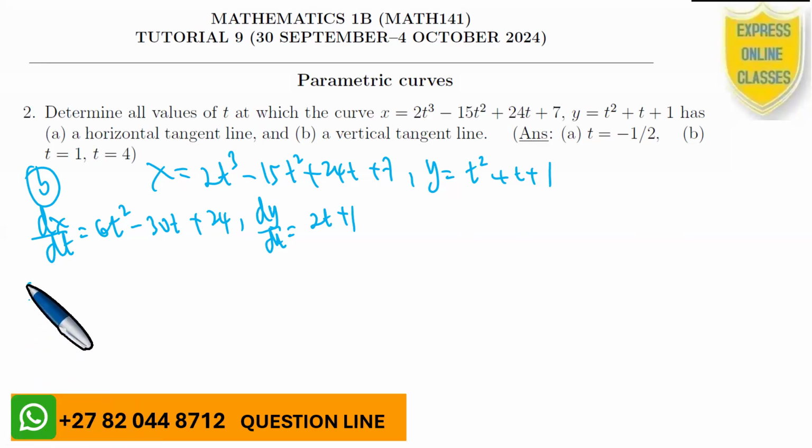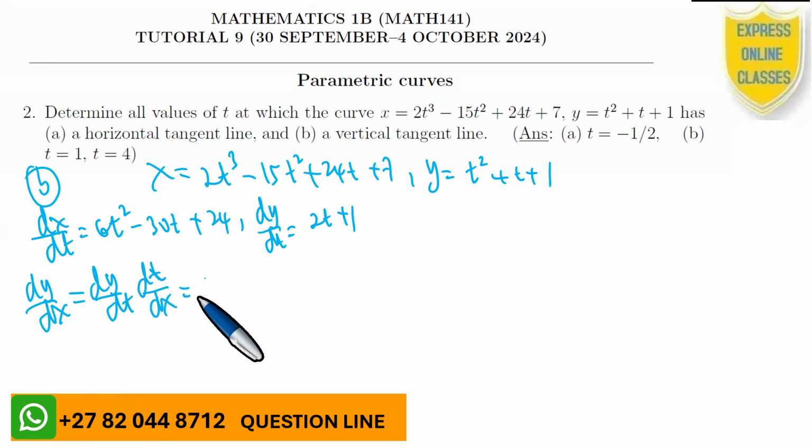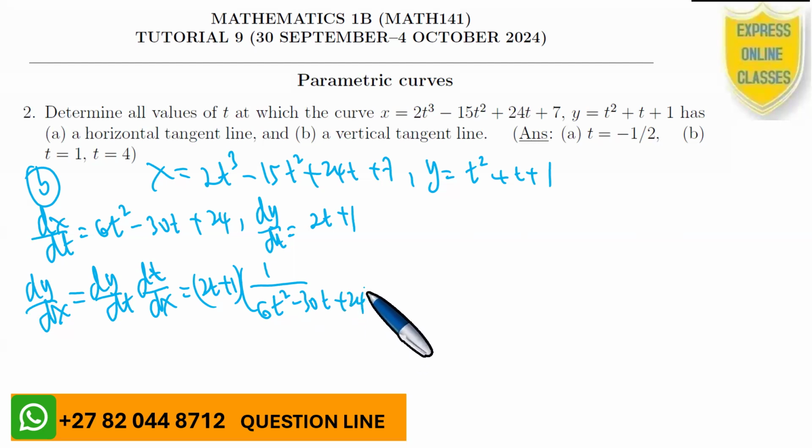So you'd have dy/dx by the chain rule. That is dy/dt times dt/dx. dy/dt is 2t plus 1, and dt/dx is 1 over 6t squared minus 30t plus 24.